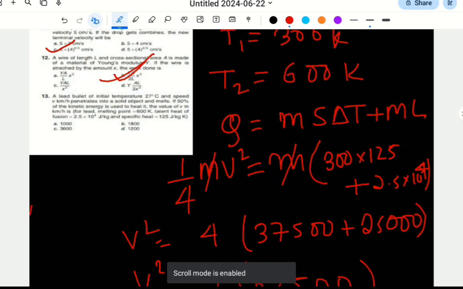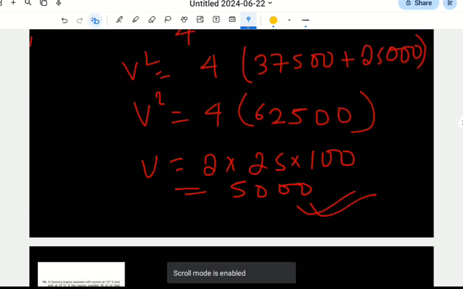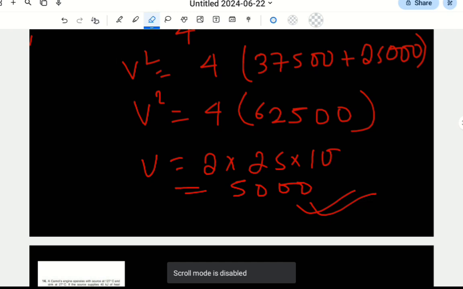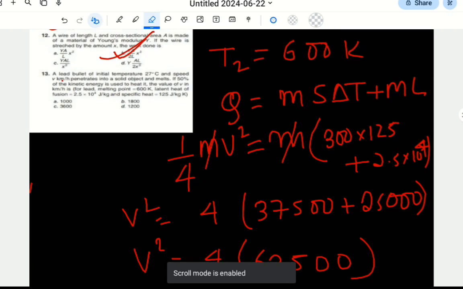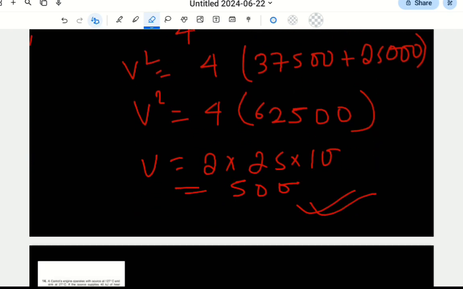I want you guys to check this question. A lead bullet penetrates into a solid. So it will be 500. Okay. 25 into 4 into 2. Okay.